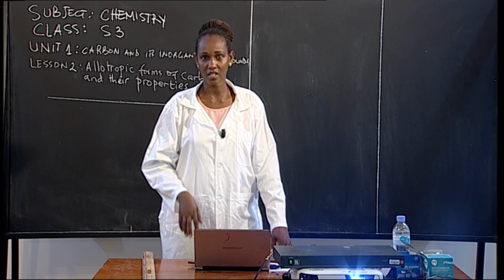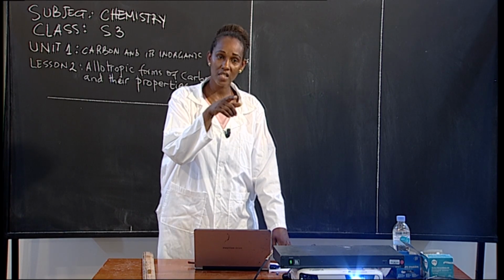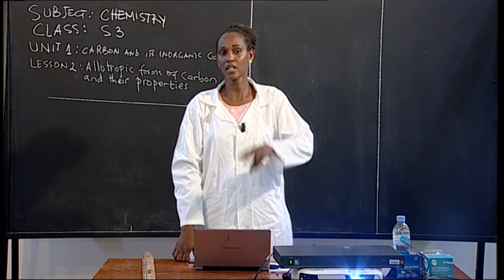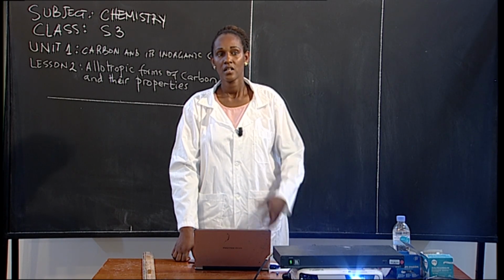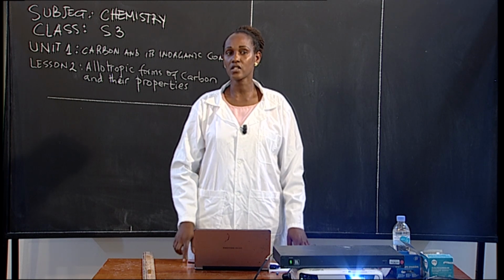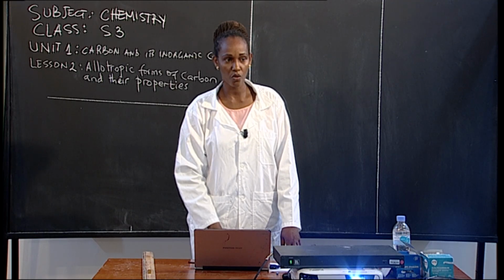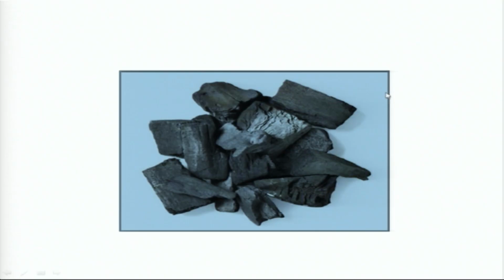I've been emphasizing that. But we have seen how charcoal is made, and we have seen that charcoal is among the non-crystalline forms of carbon. So tell me, can any one of you describe the structure of the charcoal you're seeing there? Does it have a shape? I've been talking of diamond being tetrahedral and graphite being hexagonal.